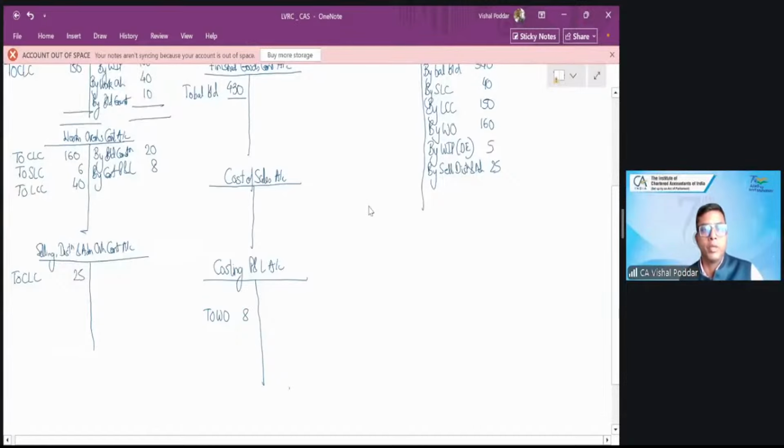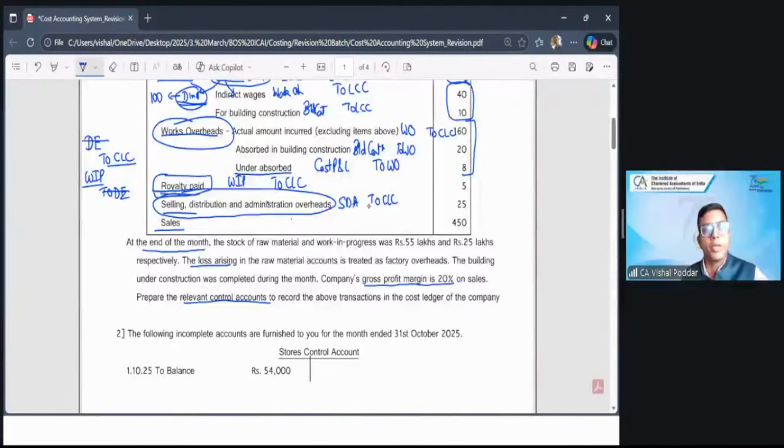Now, similarly for sales, students, there are two entries to be passed. First, for sales that have occurred during the year, we debit debtors, which is represented here by CLC, and credit sales. Then sales are transferred to P&L.